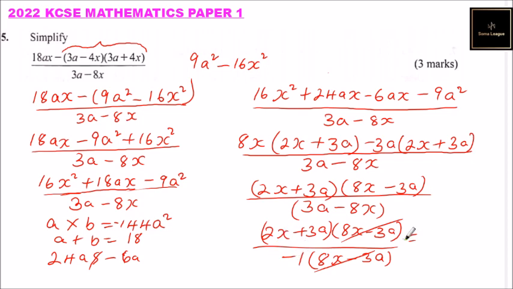Now this minus 1 multiplies the numerator, giving minus 2x minus 3a.